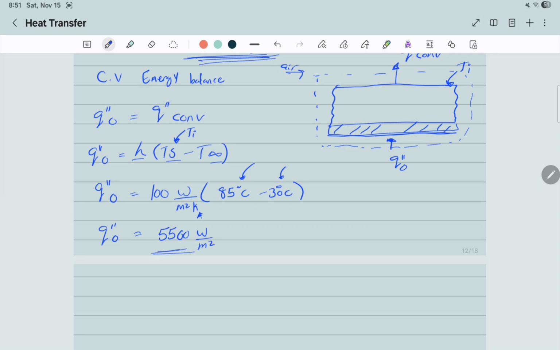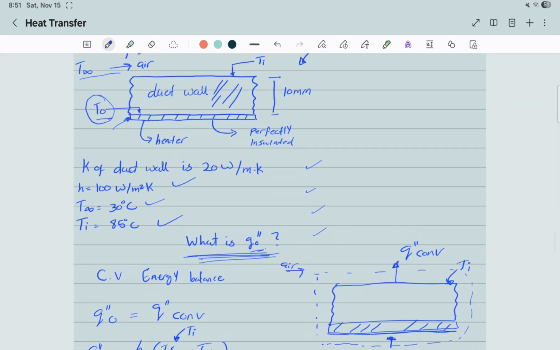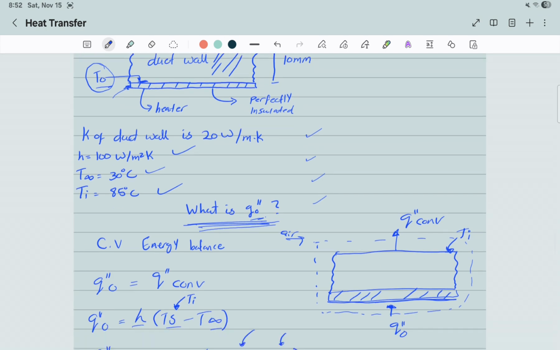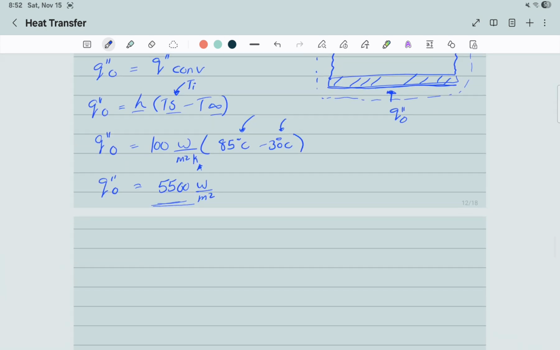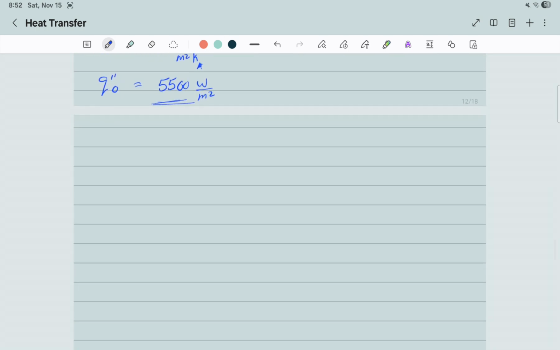Now we need another energy balance to find To, the initial surface temperature of the heating element. To do that, we need to perform a control surface energy balance.